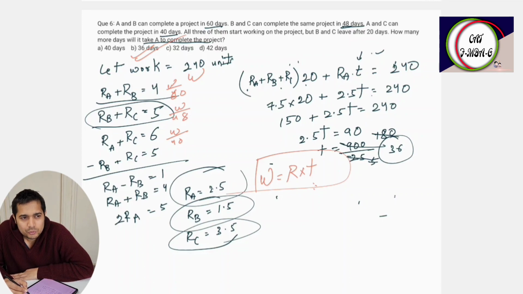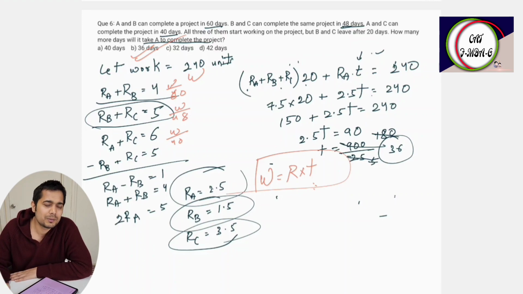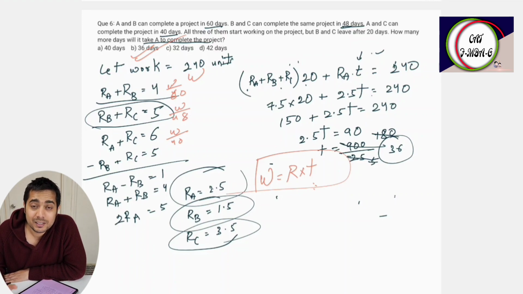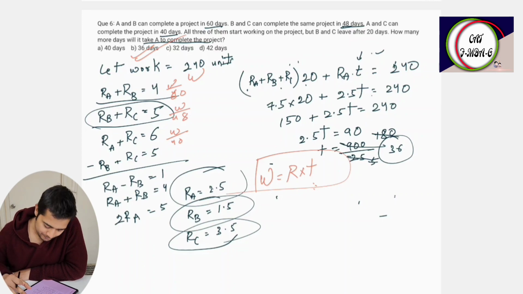I have tried to take all different kinds of questions which have ever been asked, or which may ever be asked, in any entrance exam from this topic in this whole video. If you are able to complete this video and the questions presented in it, then you are done with it. No need to do anything else. Just practice these questions again and again, and 100% you will get very good marks in this topic. Let's move on to the next question.